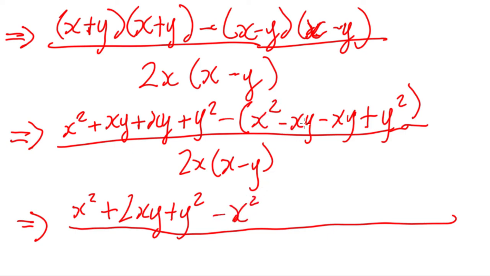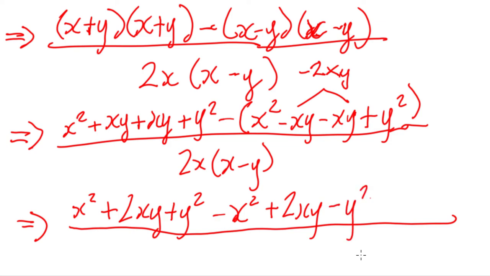We have minus xy minus xy, that's going to give us minus 2xy, but because of the minus sign, this becomes positive 2xy. And then distributing this minus sign to the y squared gives us minus y squared. And copy the denominator down below, 2x times (x minus y).